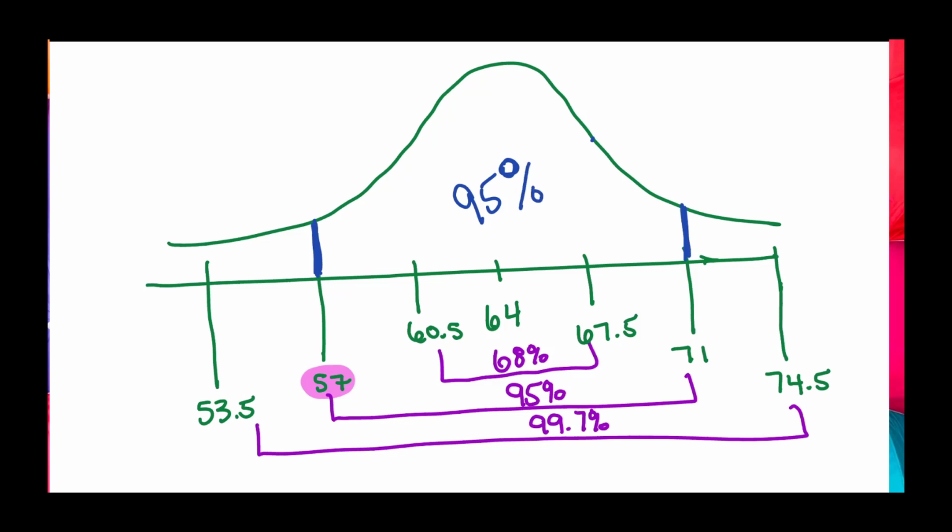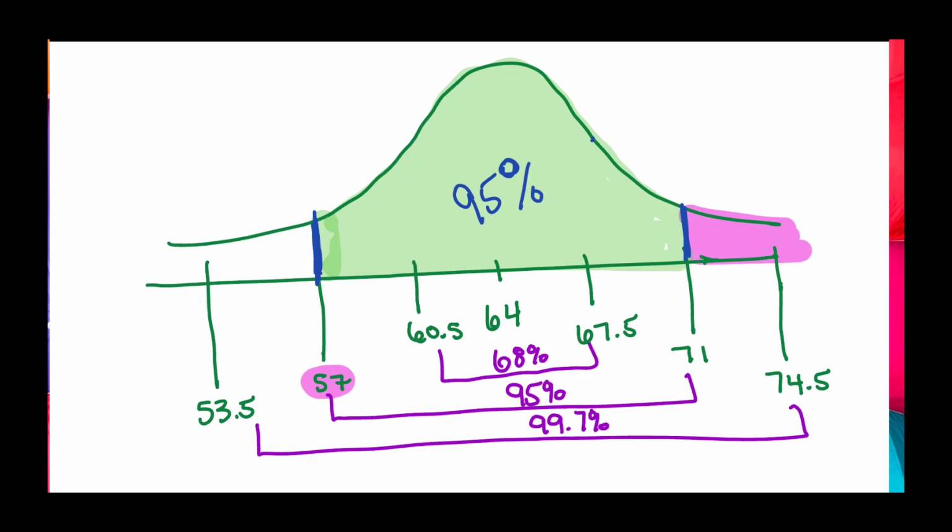All I need to find is this part and add it to the 95, that right edge, and that would give me the full percentage, because I'm looking for above 57.